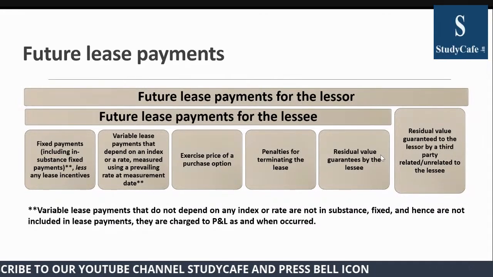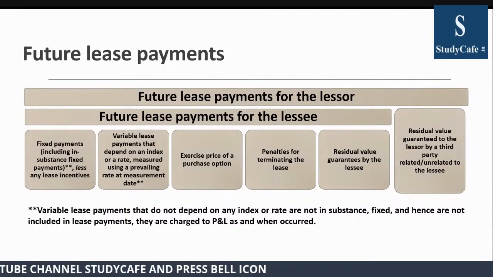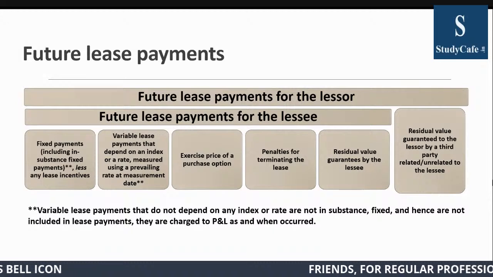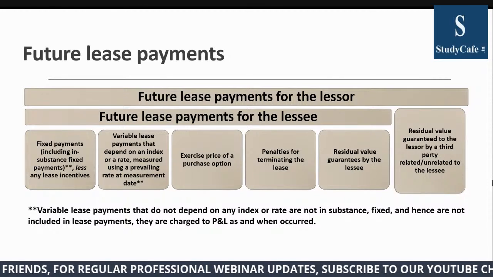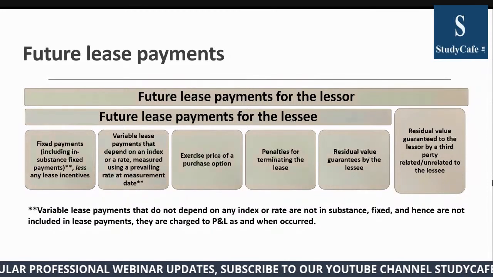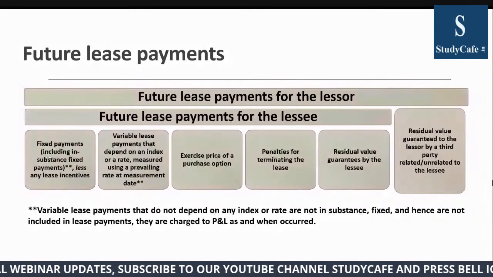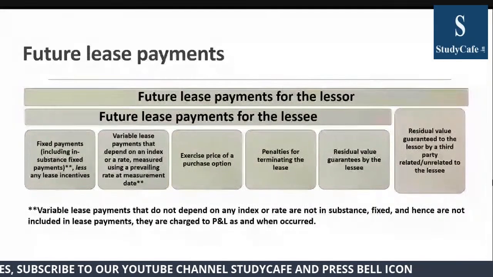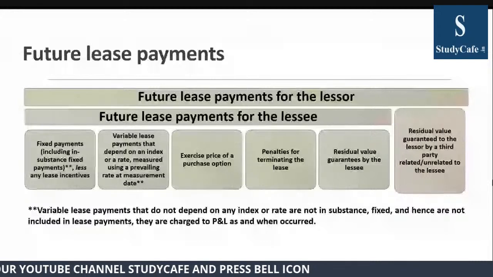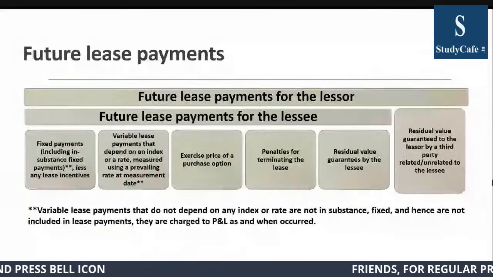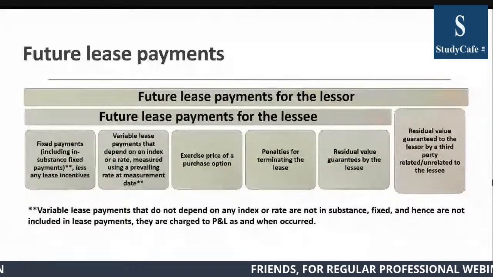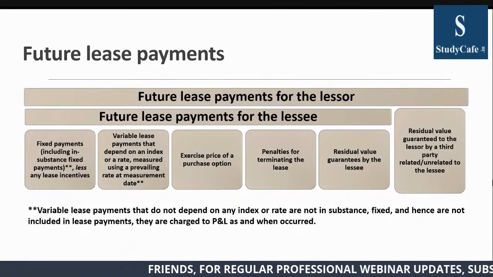Similar is the case with the penalties. If there is a termination clause in the contract and there is a penalty associated with it, and the lessee is expected to exercise the termination option, then it will consider penalties as a part of future lease payments. So these two components, the exercise price and the penalties, depend upon whether the lessee is going to exercise that particular option or not.